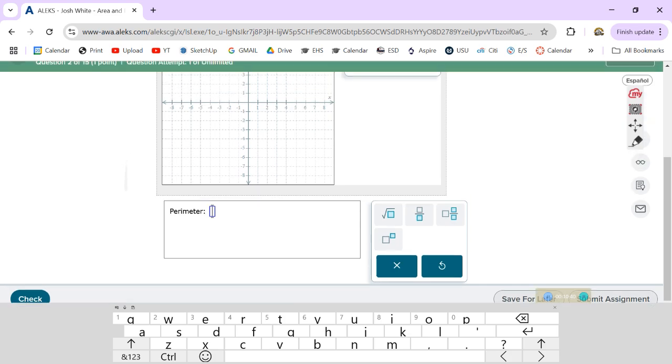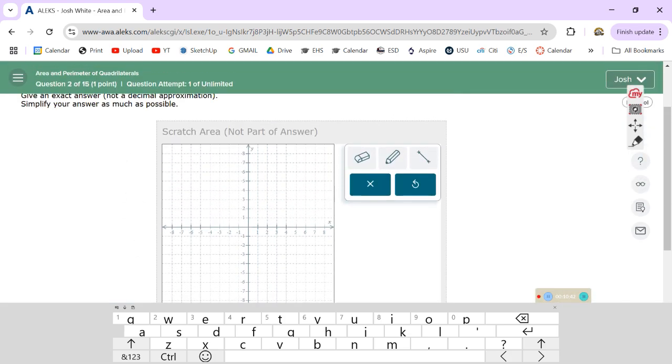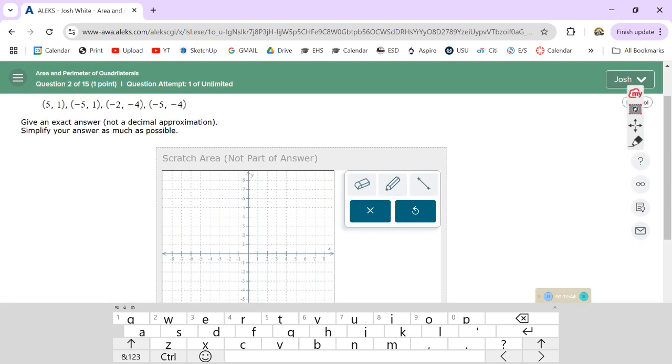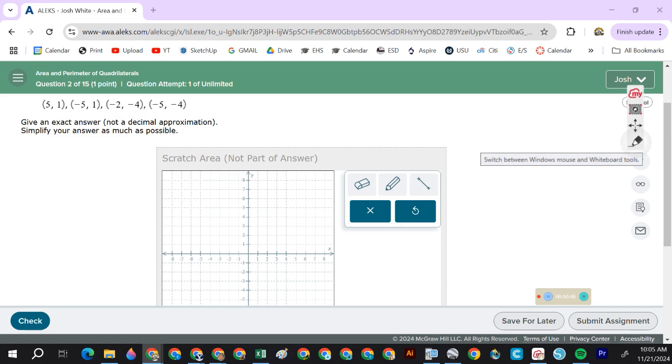All right. So here we want the perimeter of a trapezoid. And the trapezoid has vertices 5, 1, negative 5, 1, negative 2, negative 4, and negative 5, negative 4.